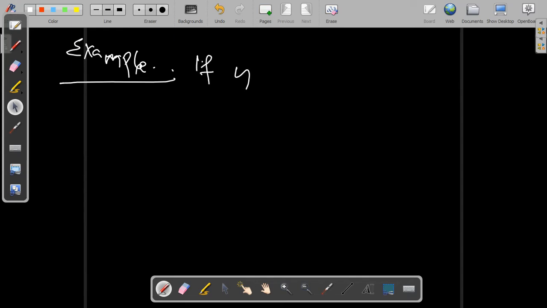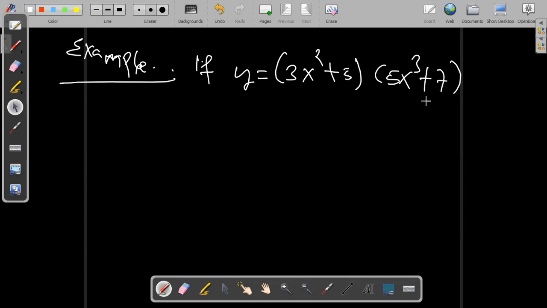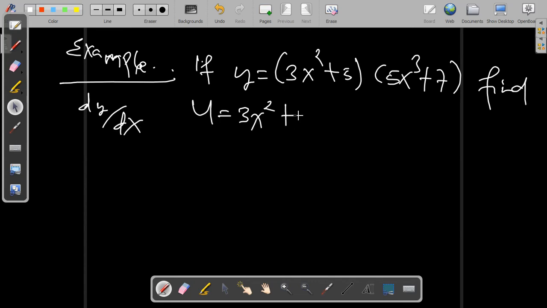If y is equal to (3x raised to power 2 plus 5) times (5x raised to power 3 plus 7), now we require to find dy over dx. Let's consider u, which is 3x raised to power 2 plus 5, and v, which is equal to 5x cubed plus 7.